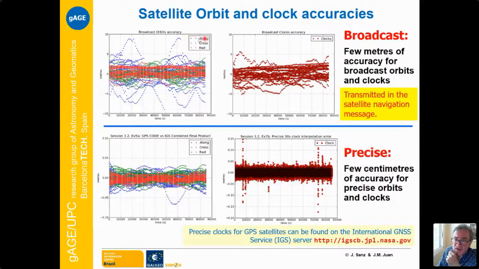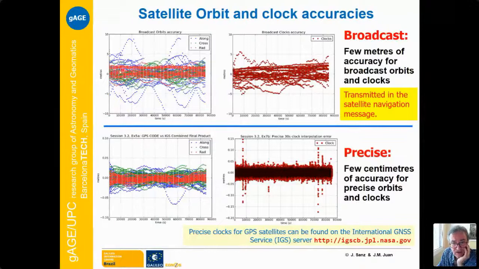Along track is in the direction of the motion, the movement of the satellite, and cross track is orthogonal to them. As we can see, the radial component, which is the most important for this positioning, has an error of about meter level. Here we have a plot for all satellites in view. This is why we have different tracks for all satellites in view in 24 hours for a given day.